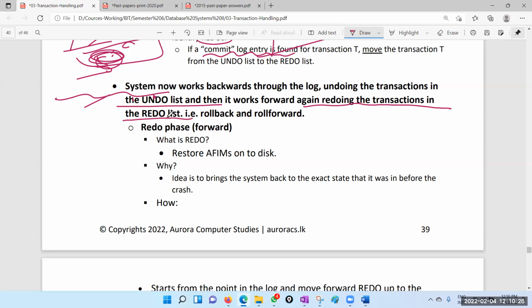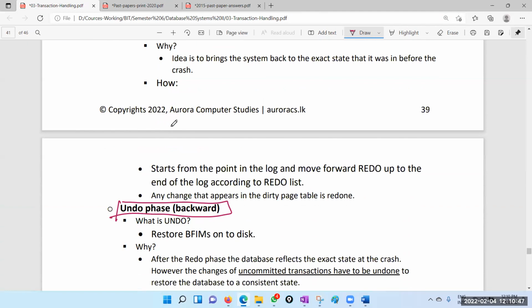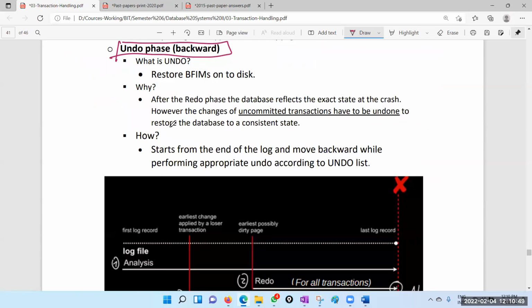That is why we call it roll back and roll forward. First we do all the undos, then we do the redos. By that time some of the items have been moved from the undo list to the redo list. Okay, that is how it is done.